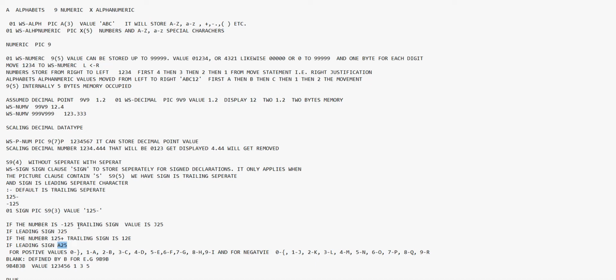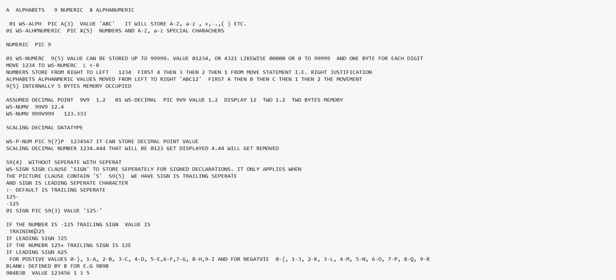And here also, if it is trailing, instead of minus 125 it gives minus 12N. Or if it is leading, we mentioned J25, because J means 1, so instead of 1 it took J25. I hope you got it.